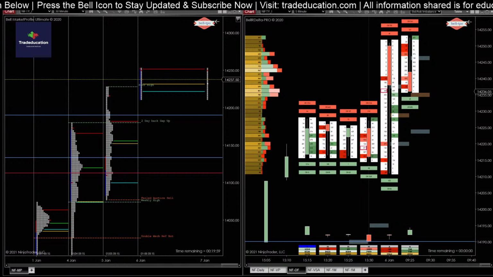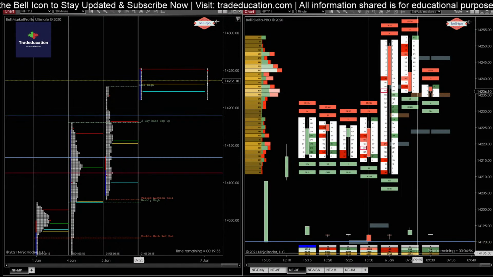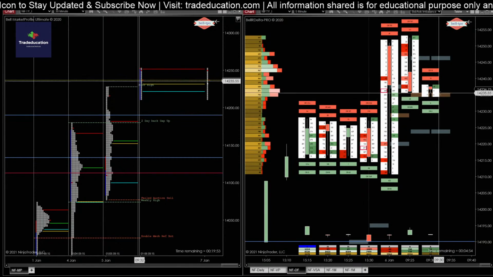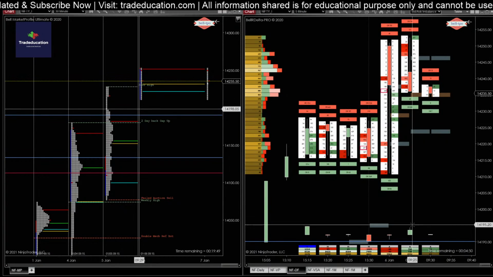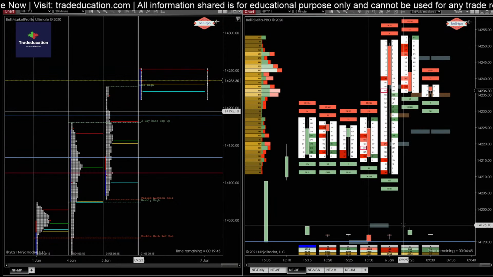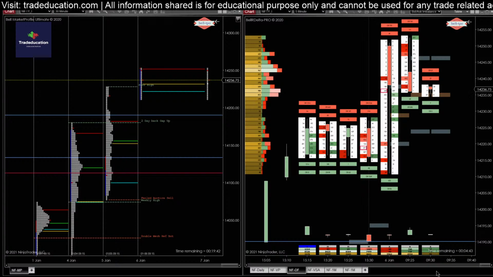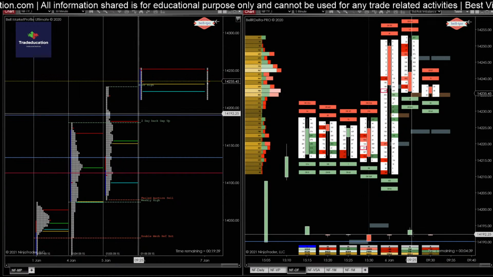So I'm waiting for the VWAP to get tagged. 4,500 contracts traded. I'm expecting sellers to step in now. So there is a delta divergence. There was absorption of supply. Stop hunting.